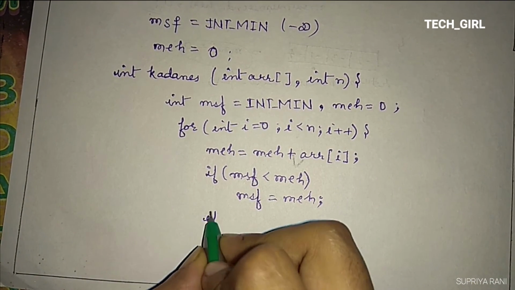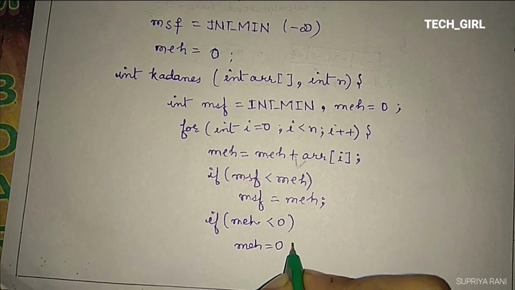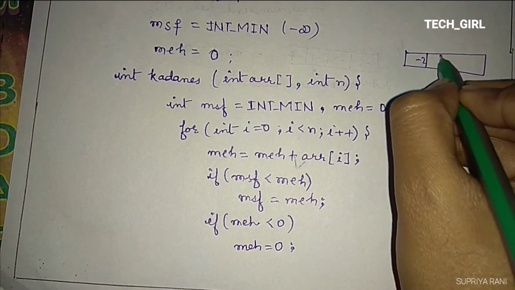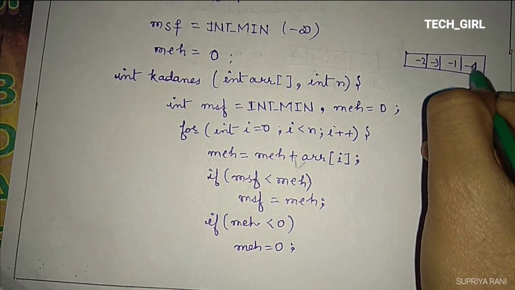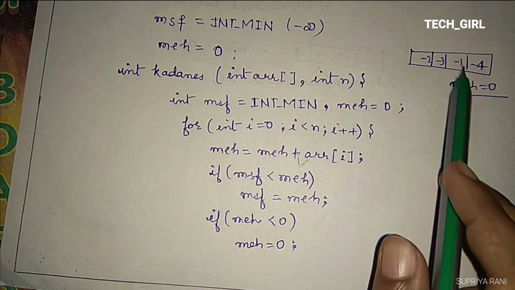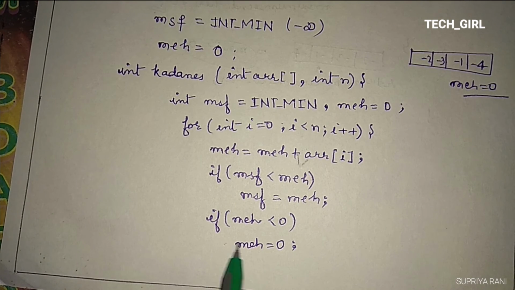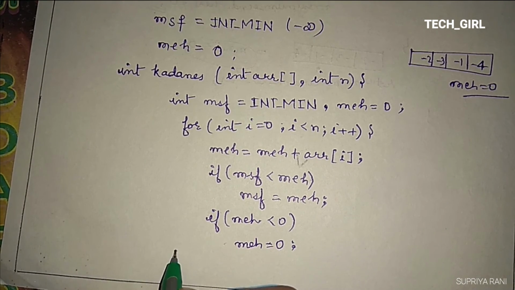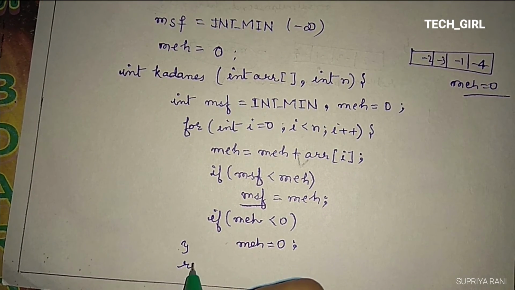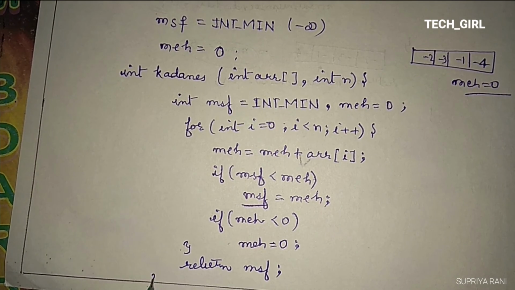Now I'll check if maximum ending here is less than 0, so make it 0, because suppose the whole array is negative, suppose this situation. So I'll just set maximum ending here to 0. I won't take any of the negative elements into our sum, right? At last I'll close this and our answer is stored in this variable. So I'll return maximum so far from this function and that will be our answer.